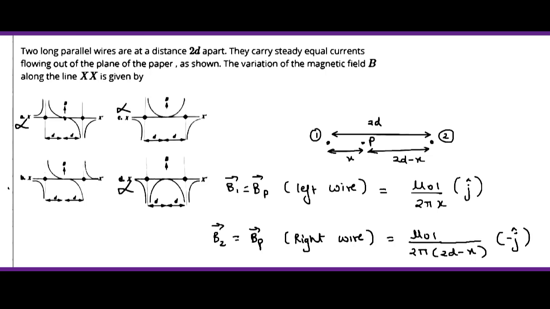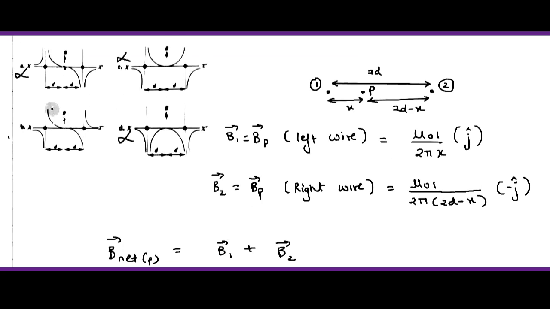Now let's check option B. As we have discussed, the middle part of the section is correct. Now let's check the left-hand side of the wire. As the current is coming outward, the magnetic field direction is along minus j cap, that is along the negative y-axis. So yes, it is.